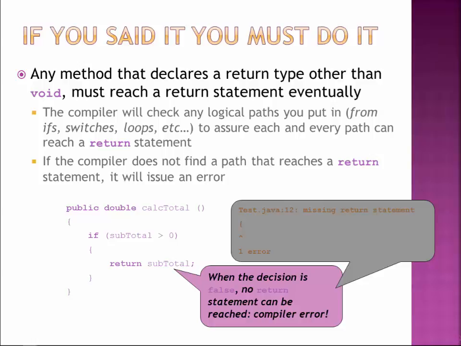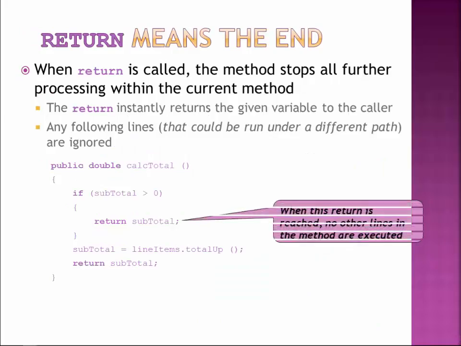Return nothing? I can't return nothing. You have to tell the program what to do if it's not right. So I could say if subtotal is greater than 0, return subtotal, else return 0. That could be an option. But I have to return something through every bit of flow through the logic. Otherwise the compiler is going to yell at you.